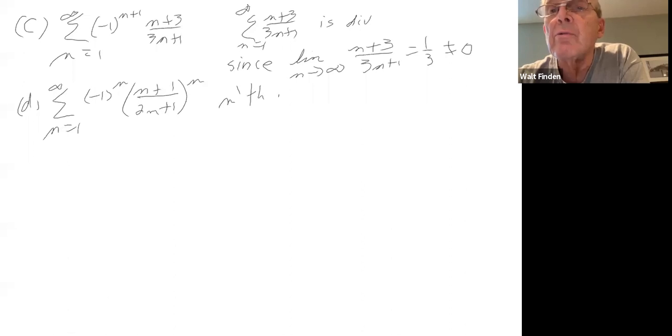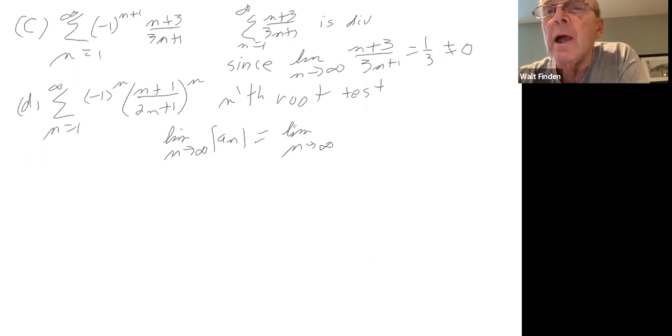Nth root test. Fairly straightforward to use in this case. We have the limit as n approaches infinity of the nth root of an, which equals the limit as n approaches infinity of (n+1)/(2n+1), since here we have an to the 1 over n, so this is to the nth power to the 1 over n.